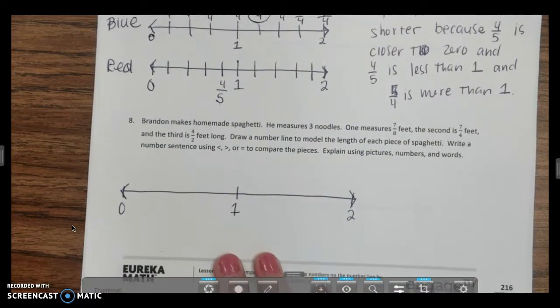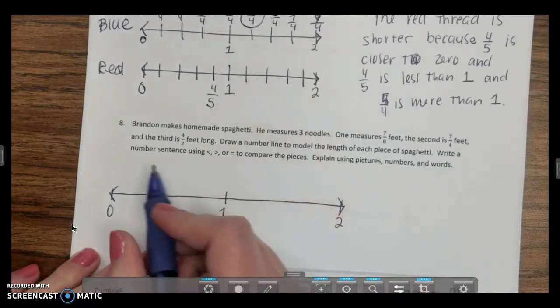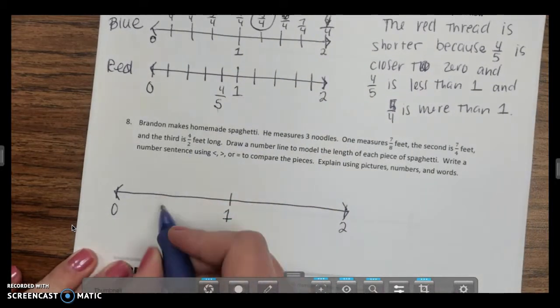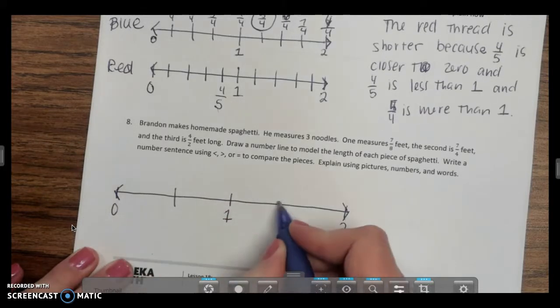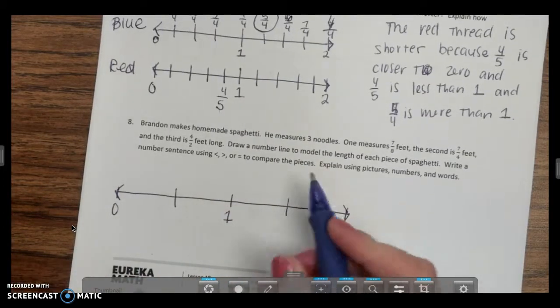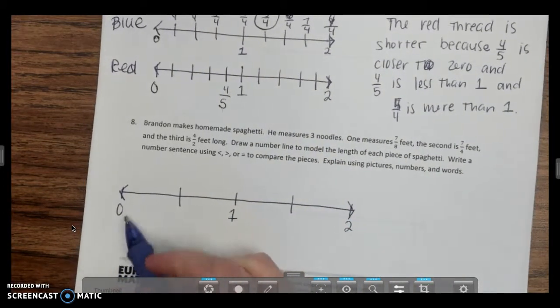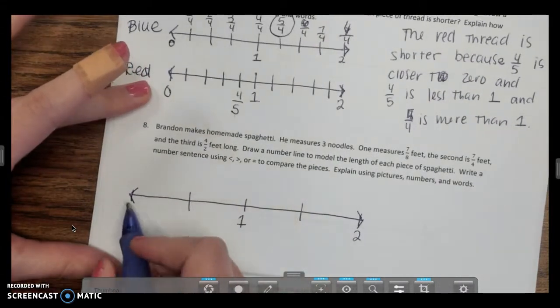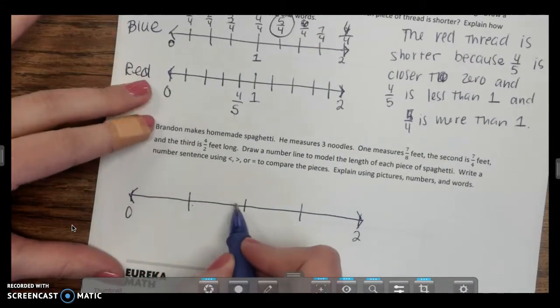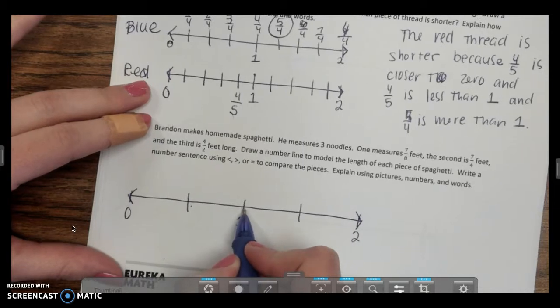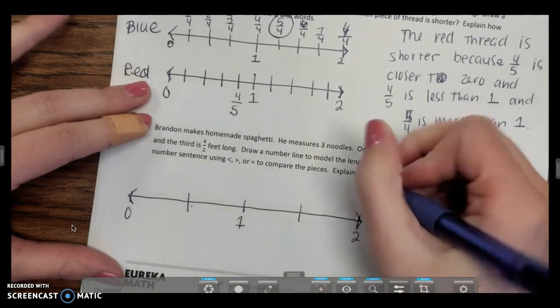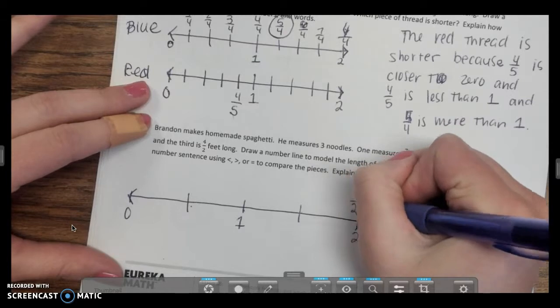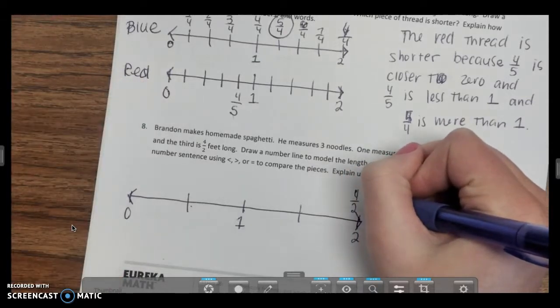Now I'm going to split it into halves first because I think that's easier to work our way up. So this is going to be 1/2, 2/2, 3/2, 4/2. Okay?